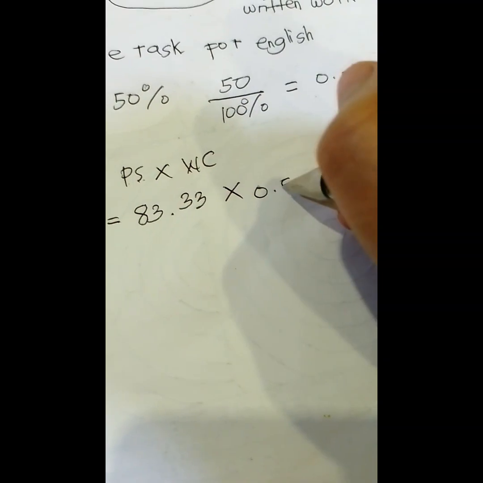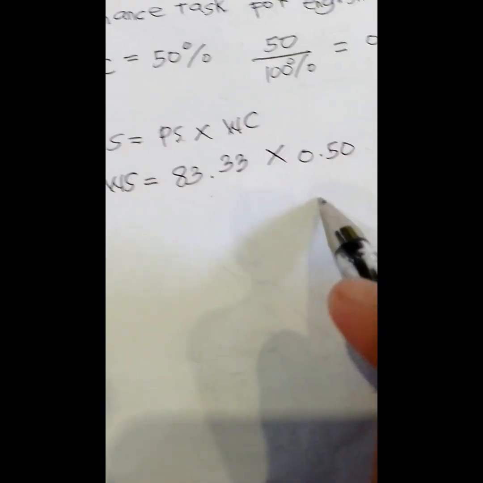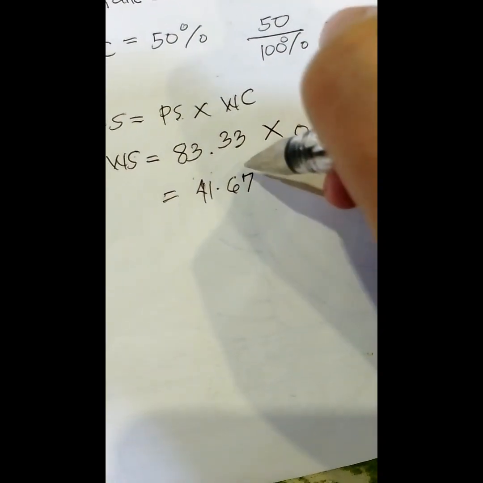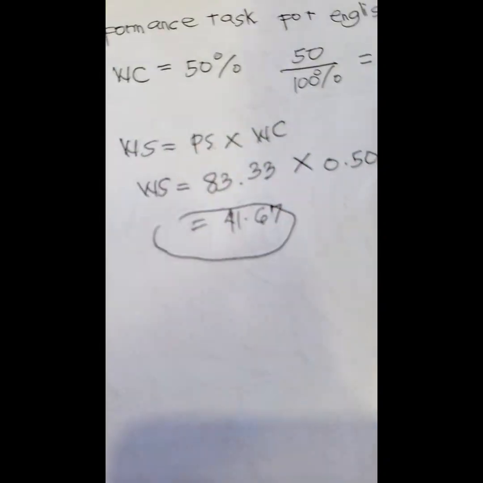So 83.33 multiplied by 0.50 is equal to 41.67. So this one is the weighted score for performance task.